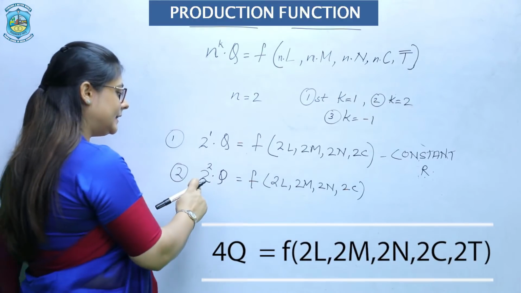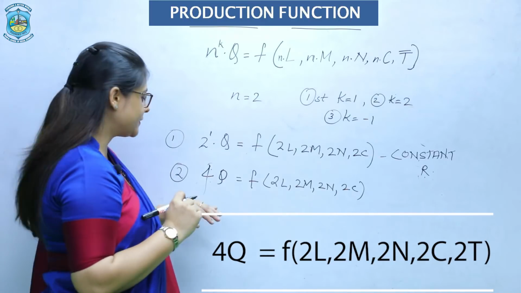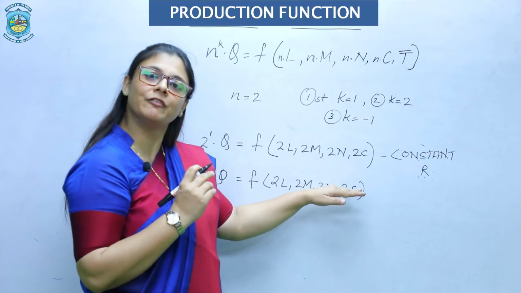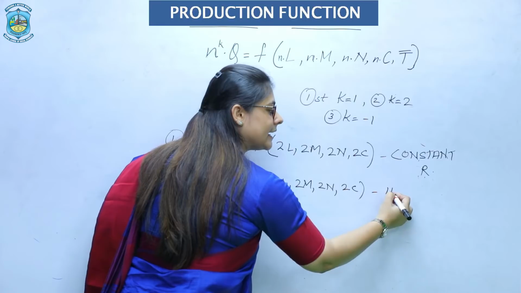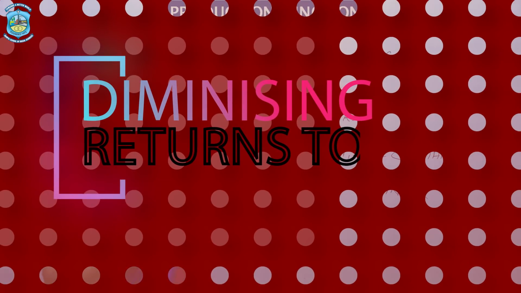Here clearly this can be stated as 4. So, therefore, 4 times output but only doubling of inputs. So, this is a case of increasing returns. This is a case of increasing returns to scale.